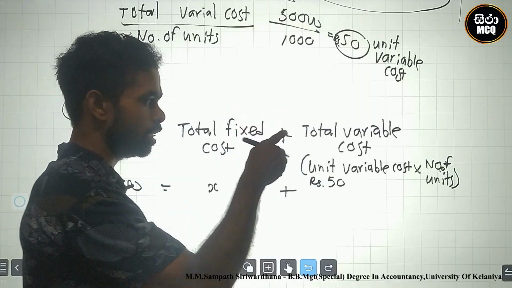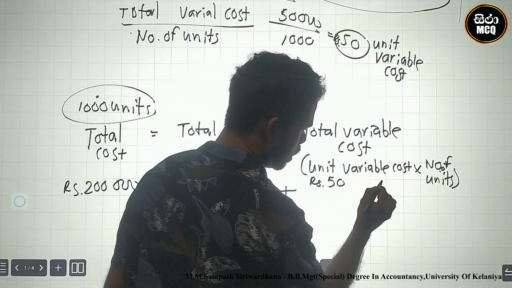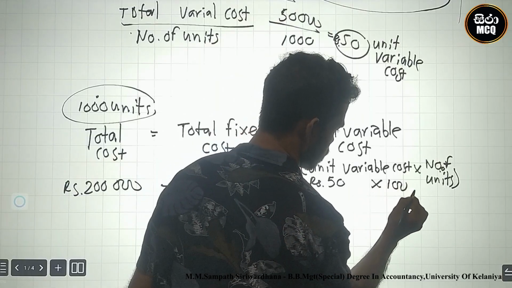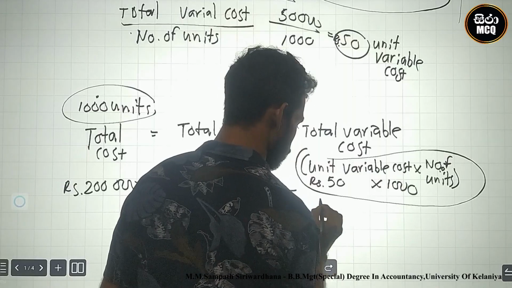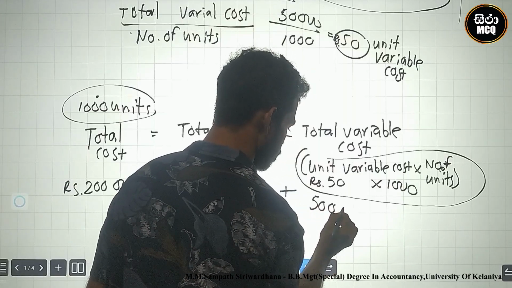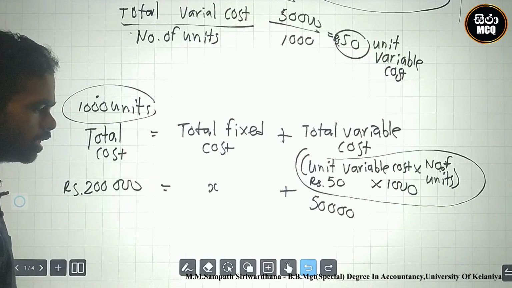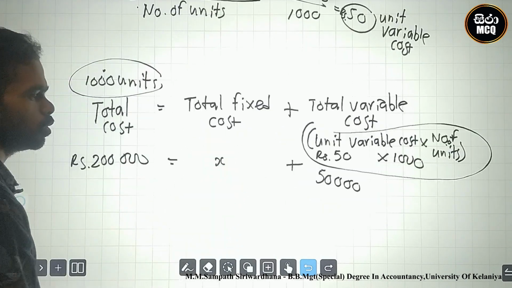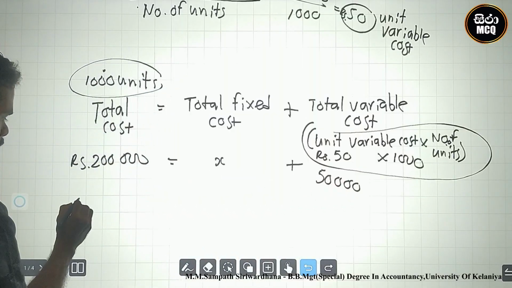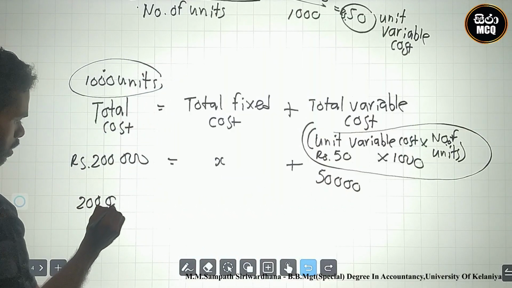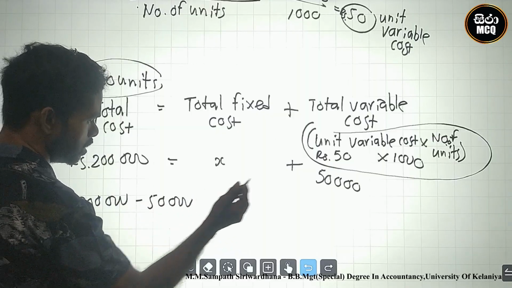We find total variable cost for 1000 units. Therefore, we multiply by number of units, 1000. We find the answer, 50,000 is total variable cost. Therefore, we can find x, which means total fixed cost. We carry this 50,000 to the other side: 200,000 minus 50,000, because it is on the opposite side.